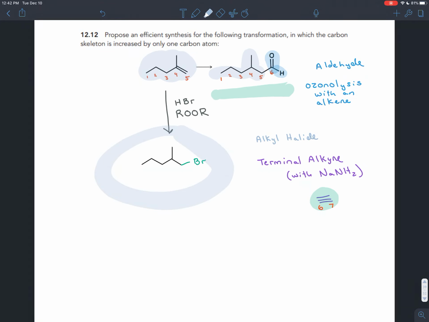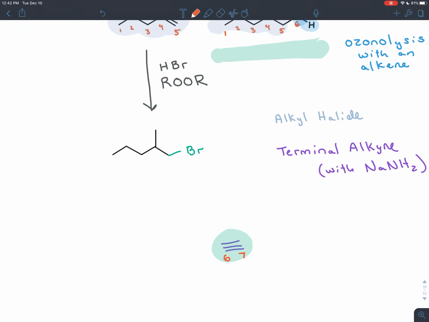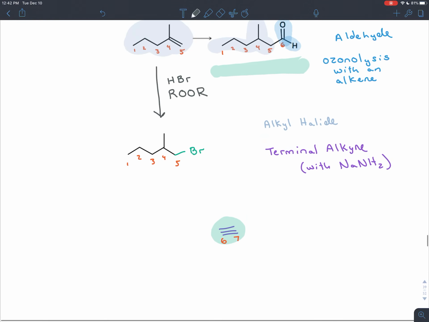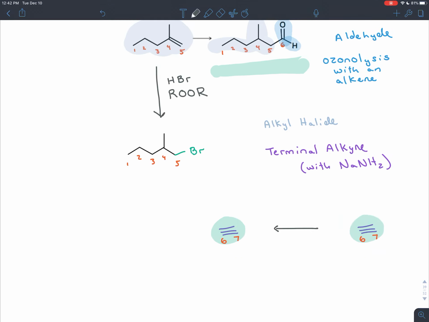Now here we have our alkyl halide, so we can introduce our alkyne. So if we put these numbers back in, we have 1, 2, 3, 4, 5. We can make this carbon a better nucleophile by adding one equivalent of sodium amide to it.